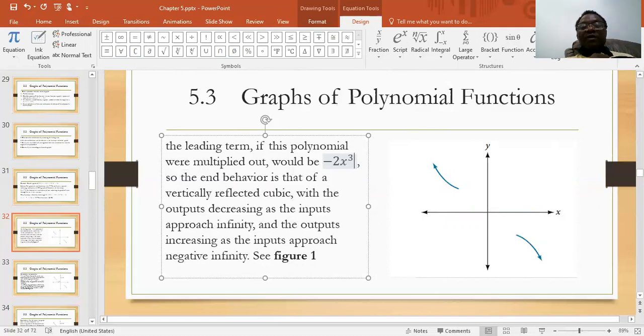So the end behavior is that of a vertically reflected cubic, with the output decreasing as the input approaches infinity, and the output increasing as the input approaches negative infinity. So the graph at negative infinity will be moving upward, and at positive infinity will be moving downward. This is due to the nature of the leading term, which has a negative leading coefficient and an odd power.